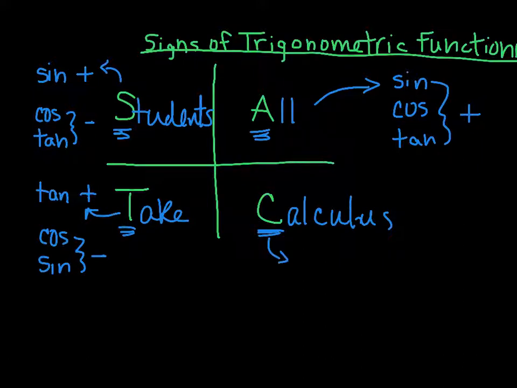So here in the fourth quadrant, cosine will be positive, which then means that sine and tangent will both be negative in that quadrant.